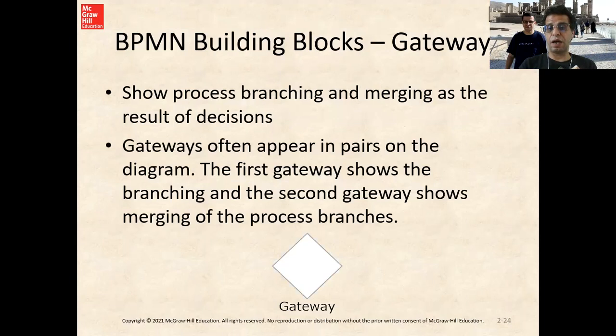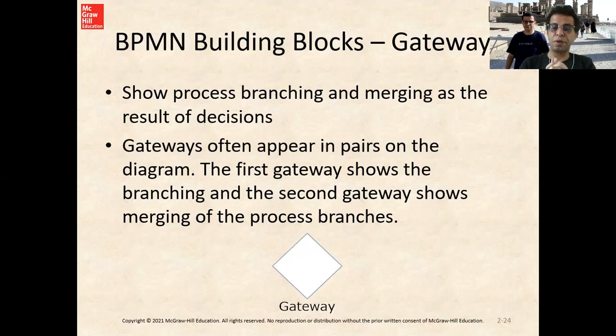And eventually we have what you call the gateways, which show the process branching and merging as a result of a decision, whether two separate processes are merging or one is separating. And that could be very useful, especially in manufacturing.